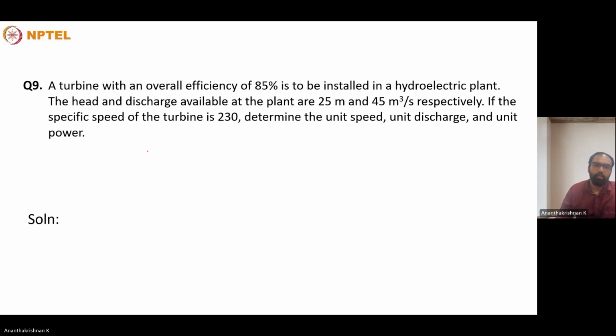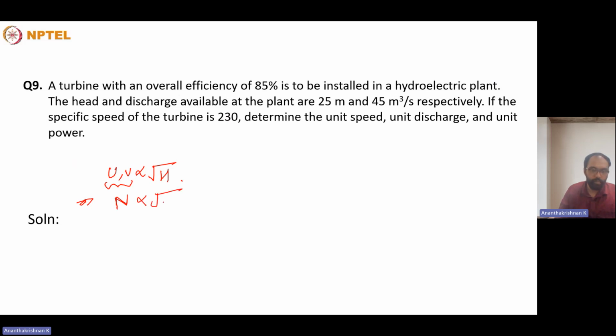For example, in order to determine the unit speed, we can write that U or V is directly proportional to root of H. So this U and V can correspond to the RPM.